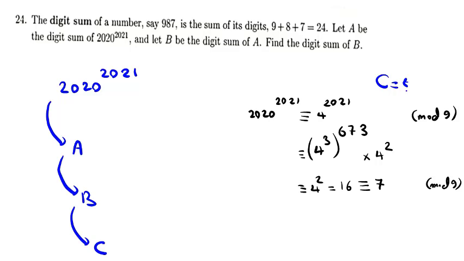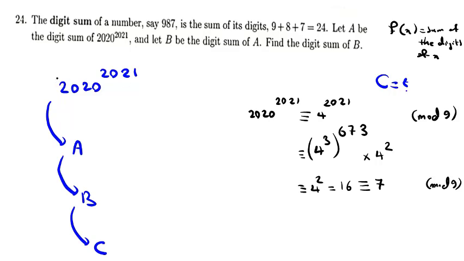Now here, we can get rid of the 0. Let's consider f of x as the sum of the digits of x.